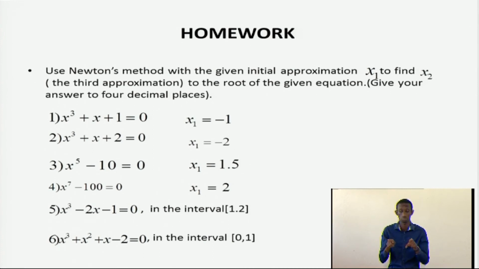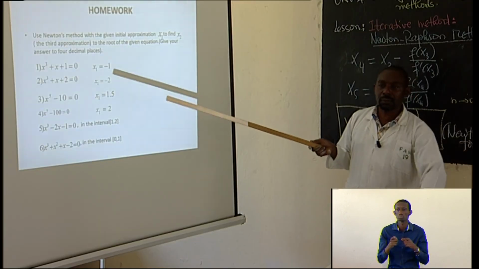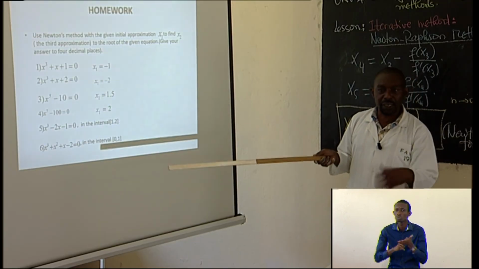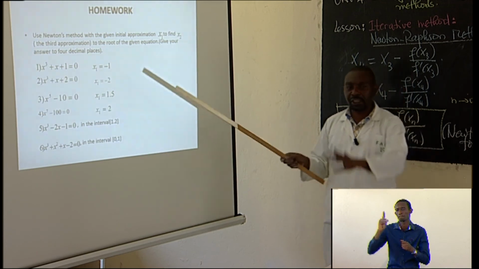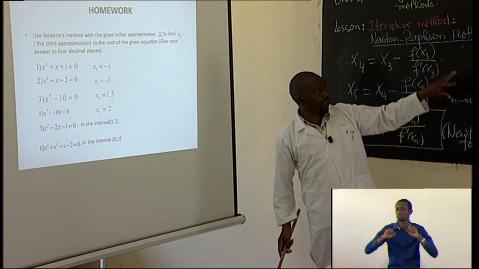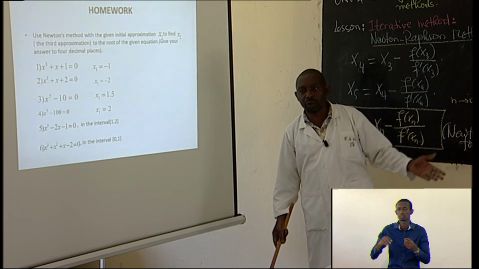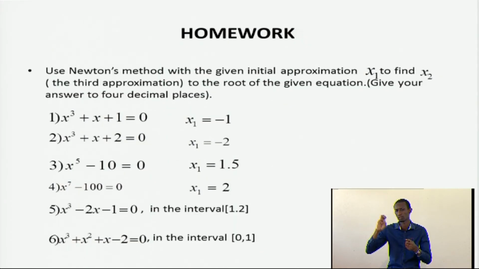We have our equations. Normally, cubic equations are not easy to solve, but when you try to graph them using maybe derivative and whatever, you can find the intersection, and you can approximate that intersection, which is the root, by different methods we solved. Then use Newton's method with the given initial approximation, x1, to find x2.